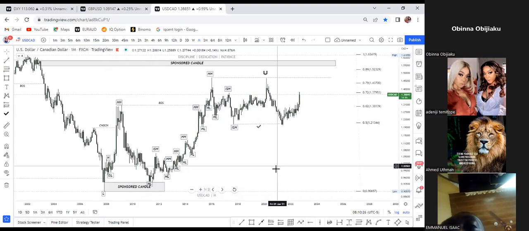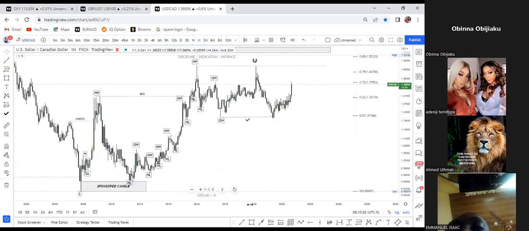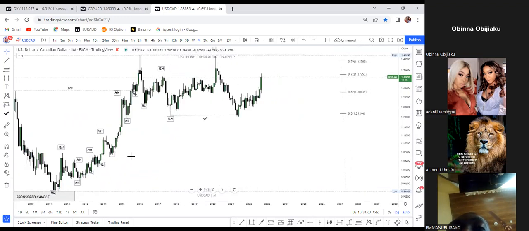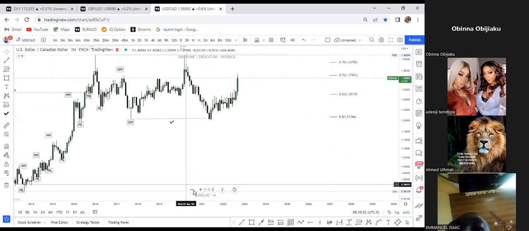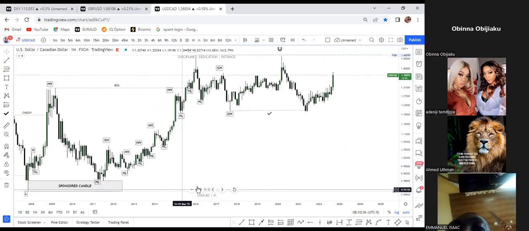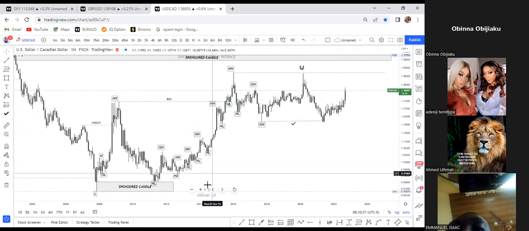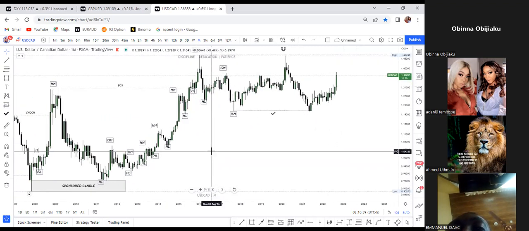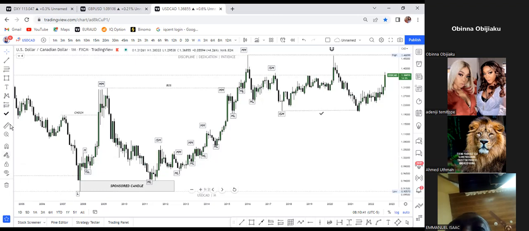Now, let's see how many candles created that high. From this point, let's measure the candles.